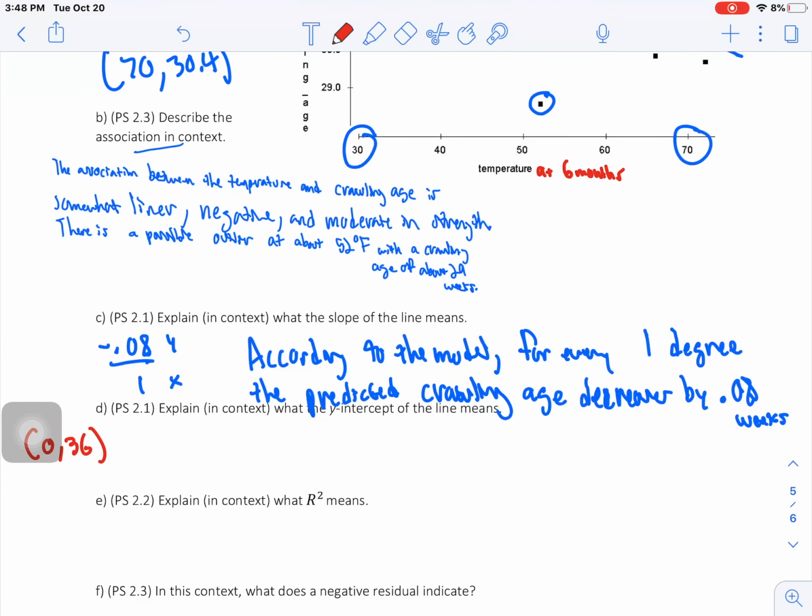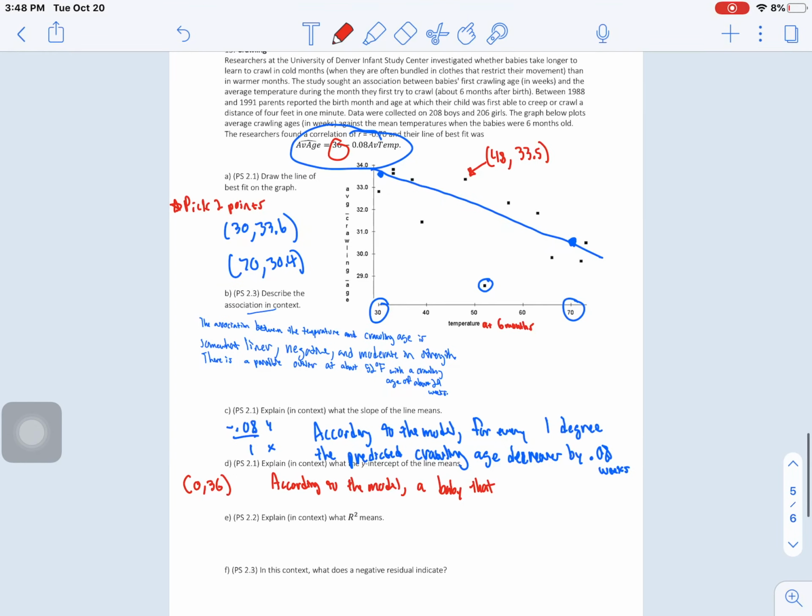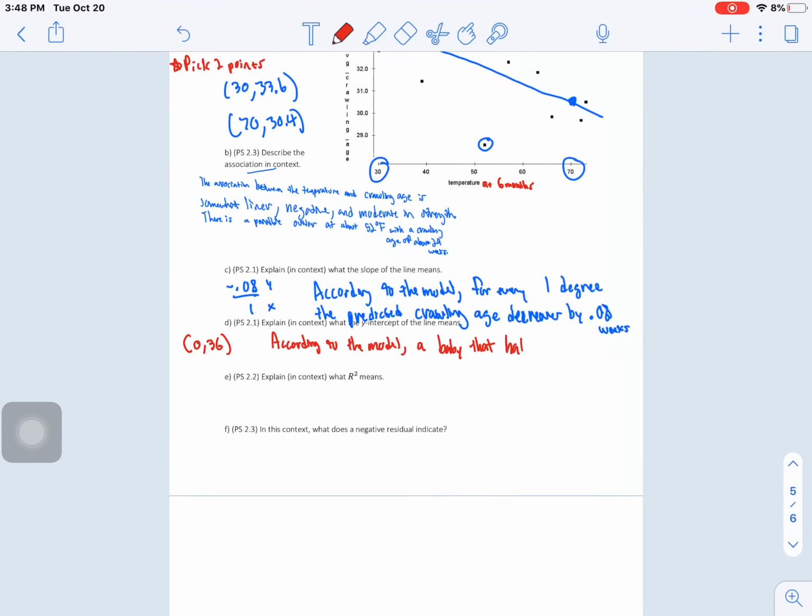For something like this, it would be like, according to the model, a baby that had an average temperature at 6 months of 0 degrees.